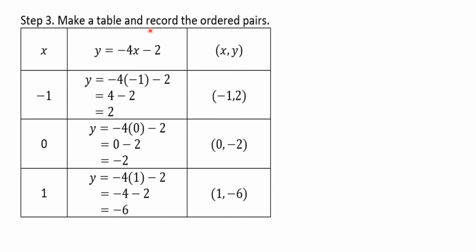Okay, so make a table and record the ordered pairs. So, ang pinili ko na mga x values ay negative 1, 0, and 1. So, pwede kayong mag-decide kung anong values ng x ang gusto ninyo. Pwede 0, 1, 2, 3, 4, o depende sa inyo.